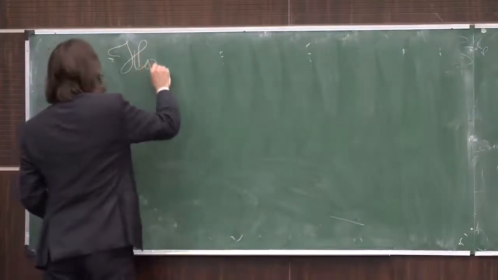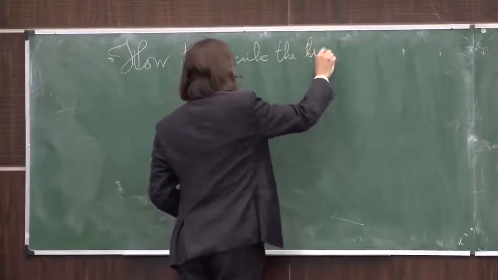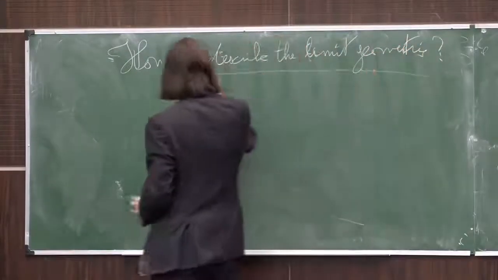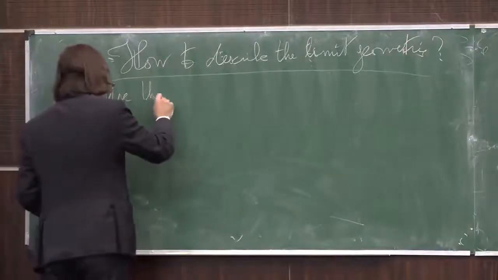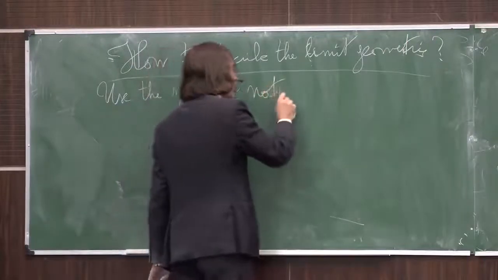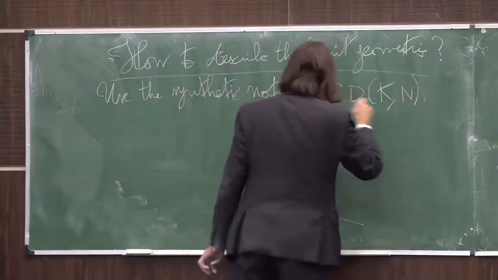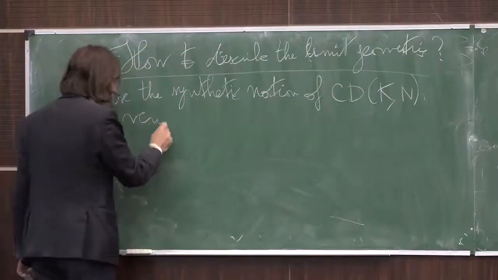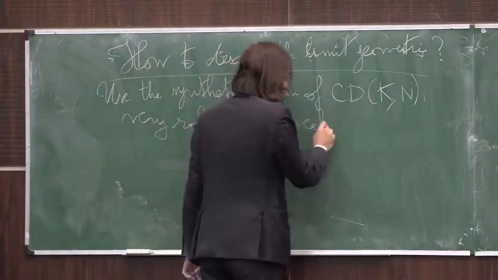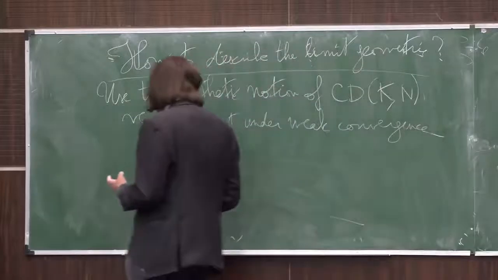So how to describe the limit geometries? And for this, use the synthetic notion of CD(K,N), because this is very robust under weak convergence. Let me explain.